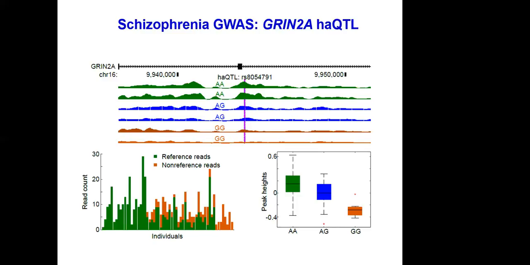I have a question. If you take the different peaks between autism cases and controls, those that are significant, and you look at the overlap between these peaks and GWAS regions from, for example, schizophrenia, do you see an enrichment or not?